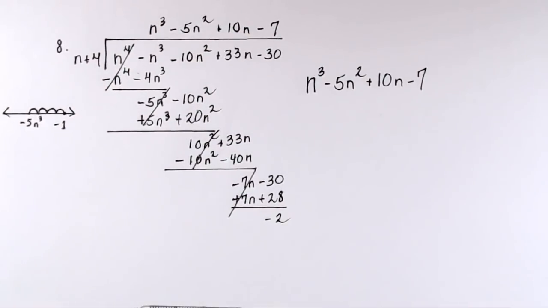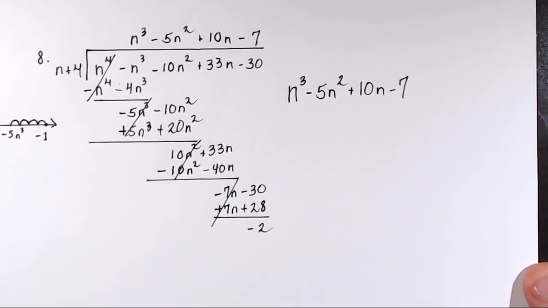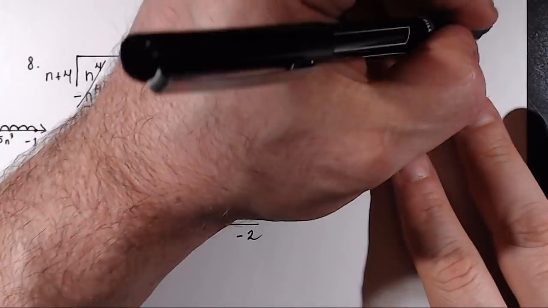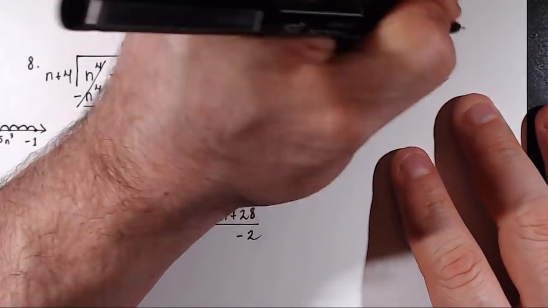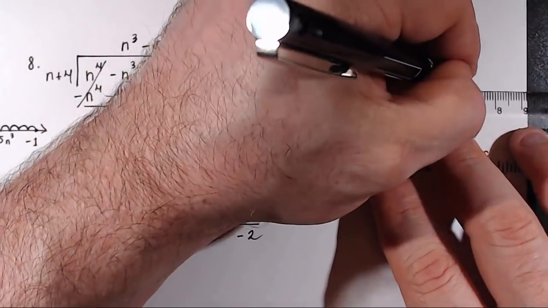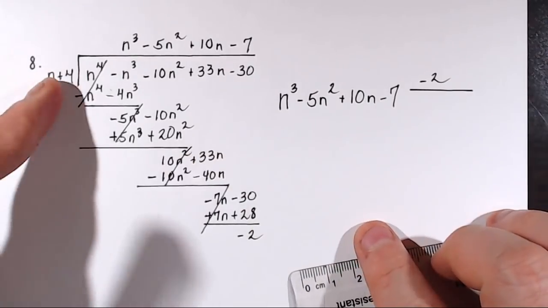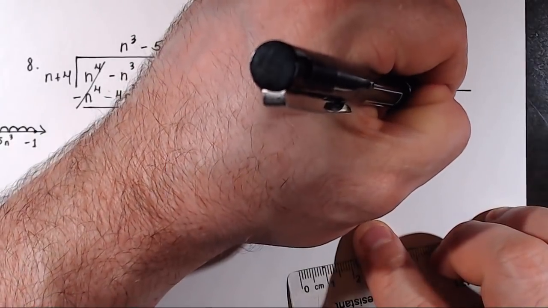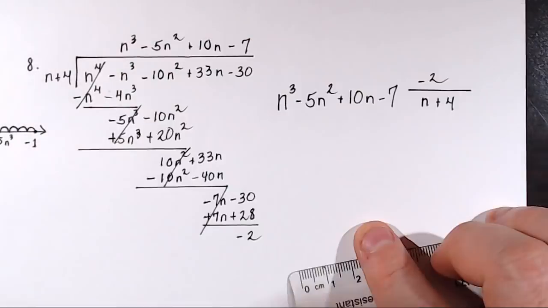That's the whole number part of the proper fraction. And now here comes the remainder part. Negative 2 over the binomial divisor, n plus 4.